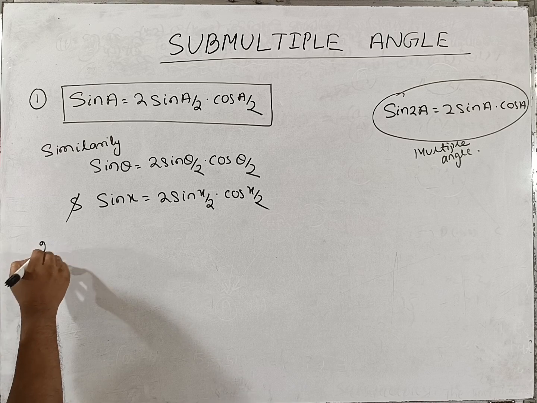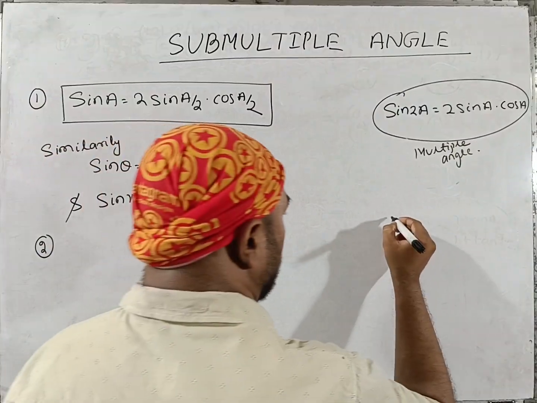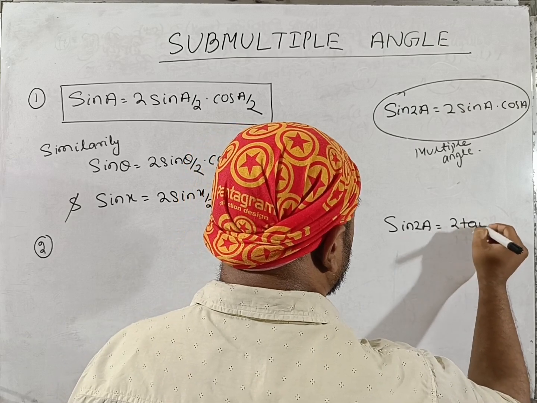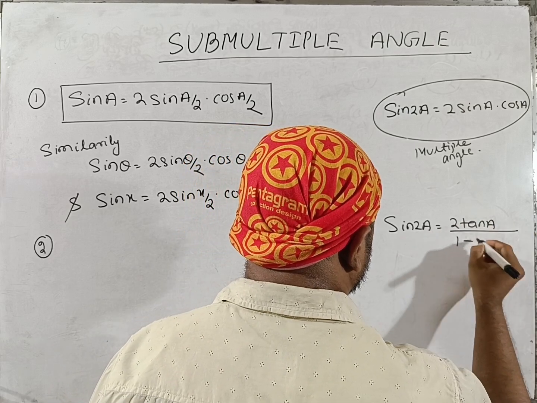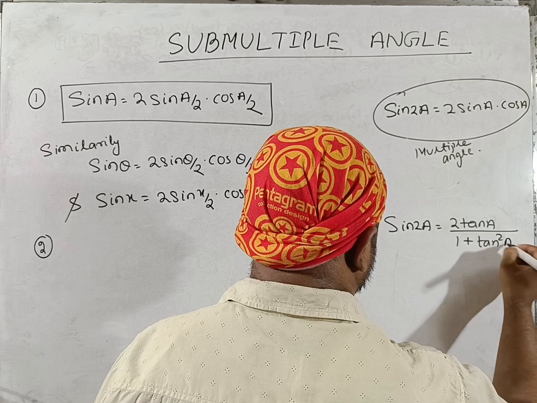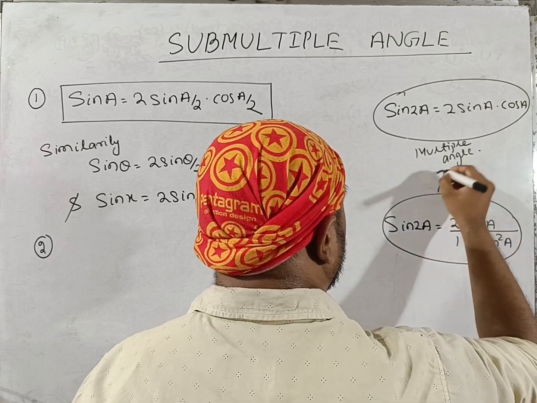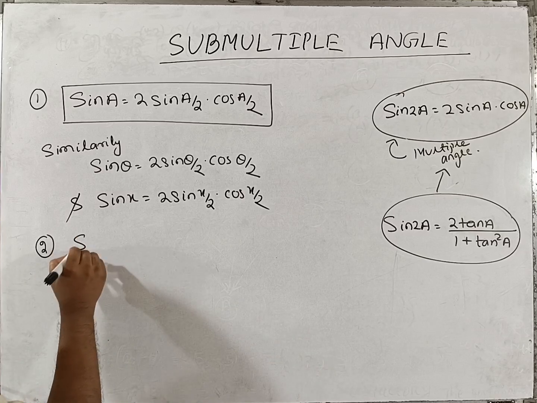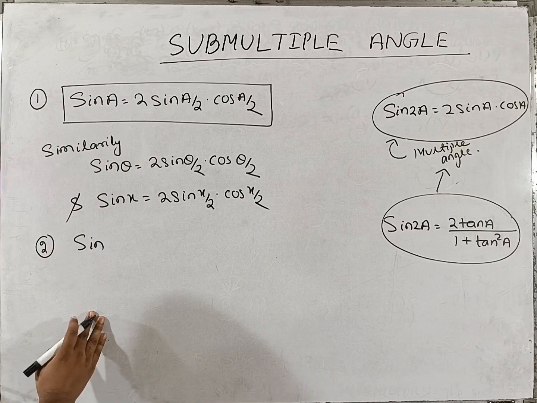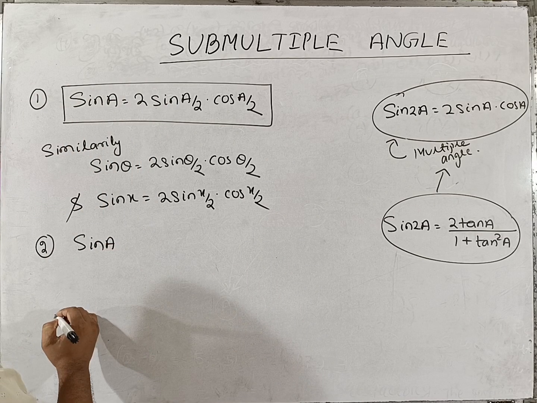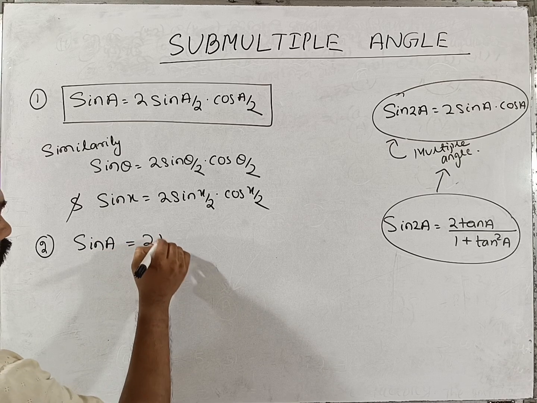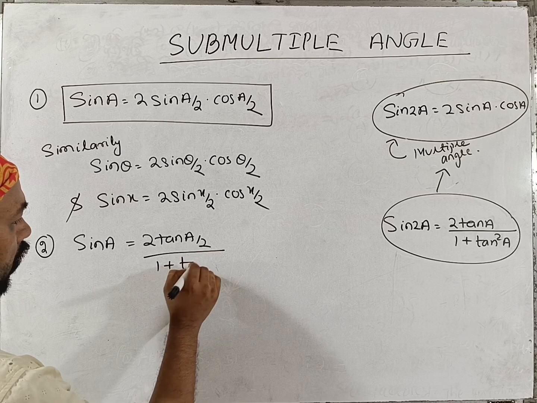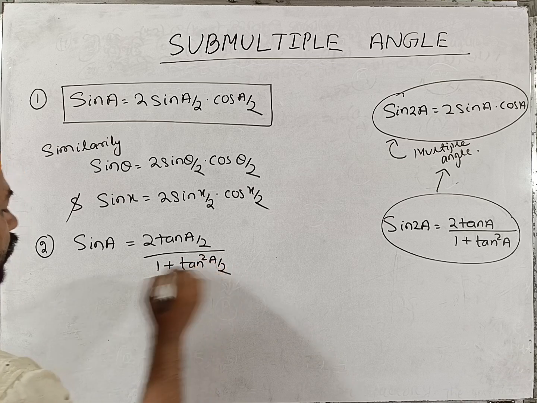Now let us go through the second formula. We know that sin 2A is equal to 2 tan A divided by 1 plus tan square A. Again it is the formula of multiple angle. Now we can write in the topic of submultiple angle sin A is equal to 2 tan A by 2 whole divided by 1 plus tan square A by 2.